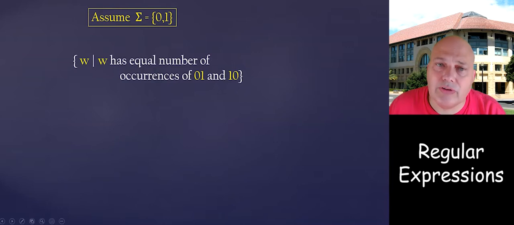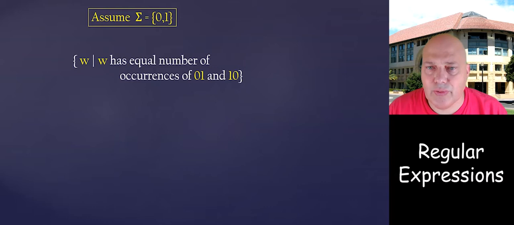How about W has an equal number of occurrences of 01 and 10? This sounds harder, right? You need to do some counting, which sounds like something that you cannot do. And in fact, in the next videos, we are going to show that regular expressions and DFAs cannot count.